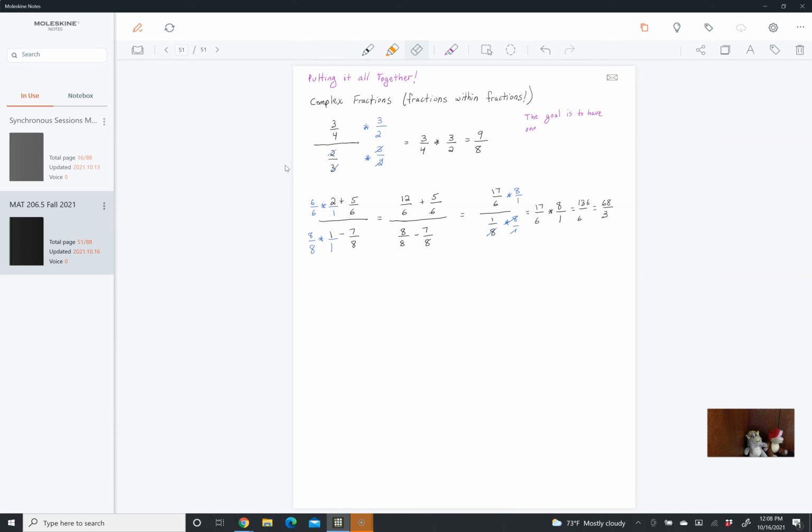In other words, one fraction in the numerator and one fraction in the denominator. So here, what did we do first?